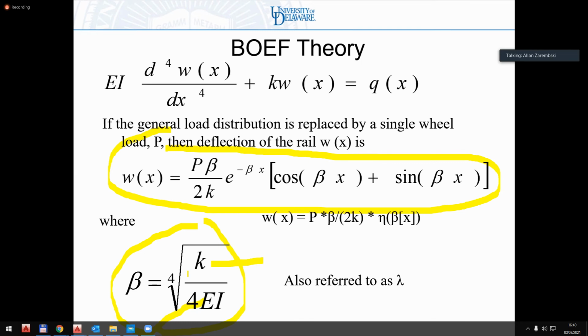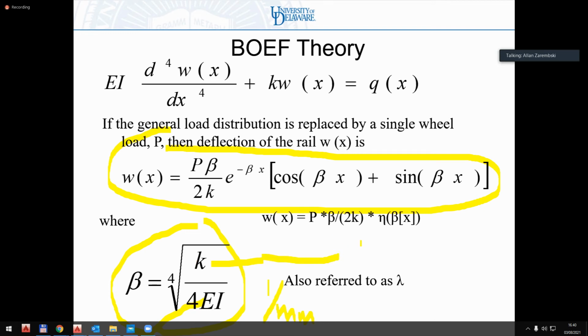Beta is a constant in the units of 1 over millimeter. So let's do a unit check. It's always good to look at units, right? So you understand what it is.